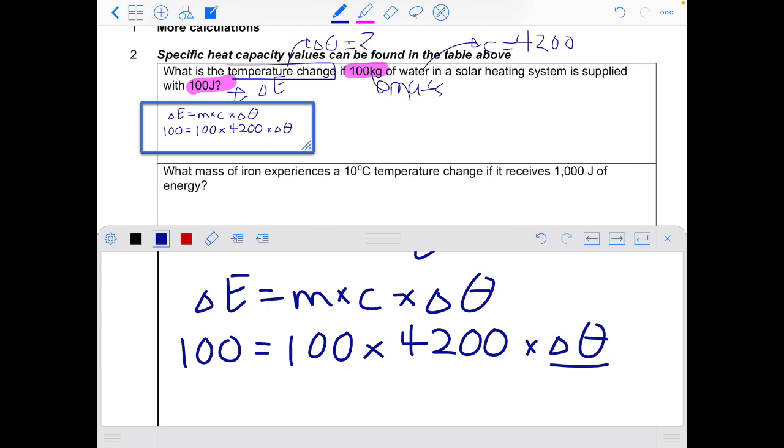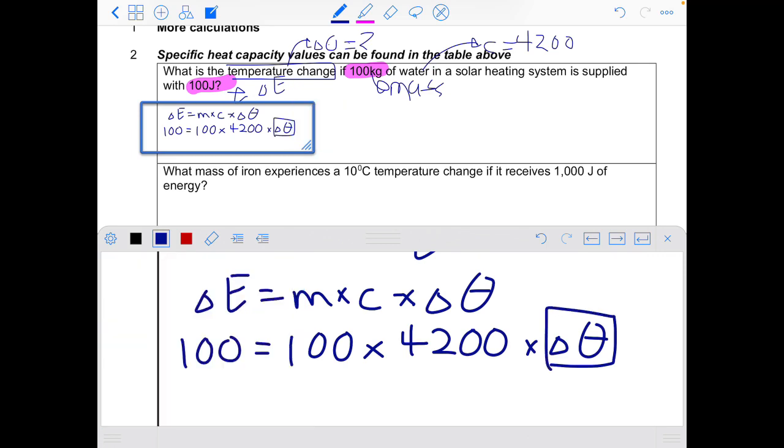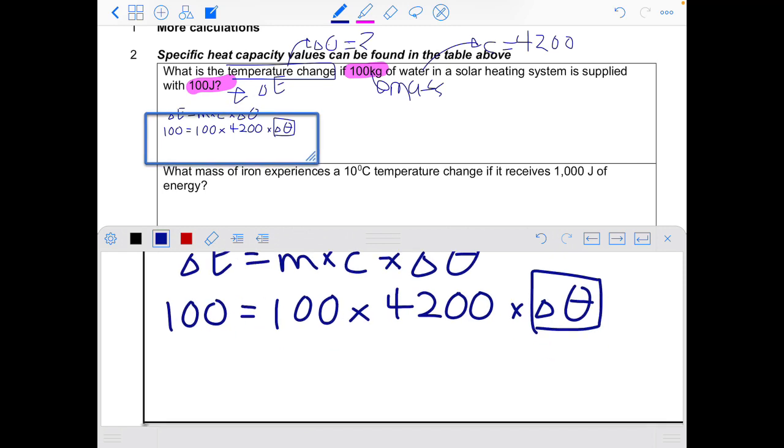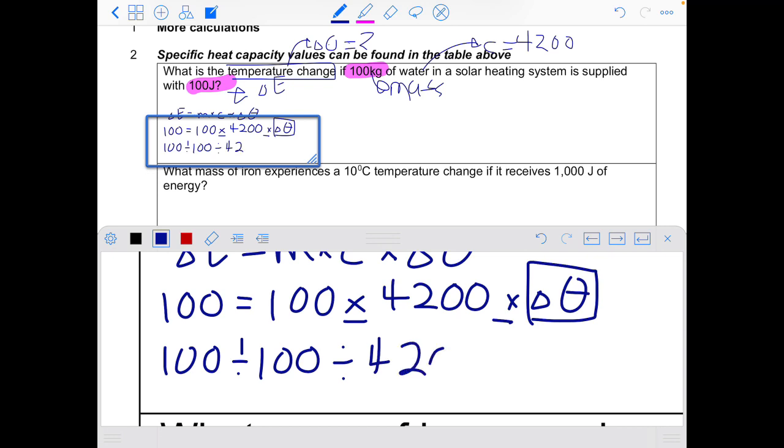So in order to get our change in temperature by itself, since we're multiplying here and multiplying here, we can divide by either side. So 100 divided by 100 divided by 4,200 is equal to our change in temperature.